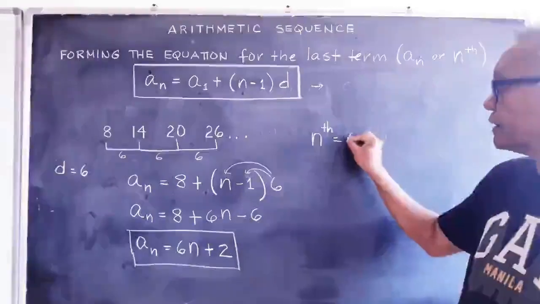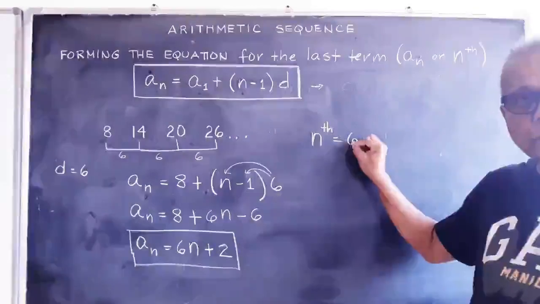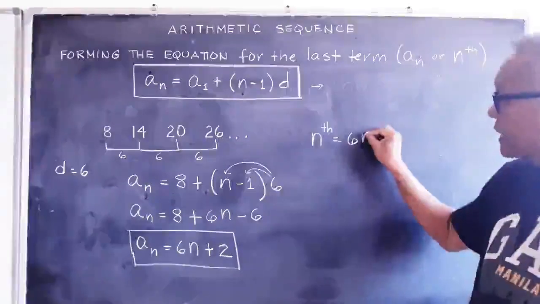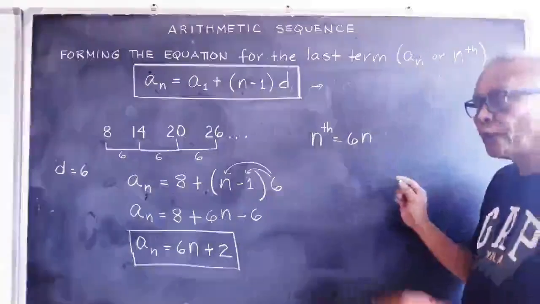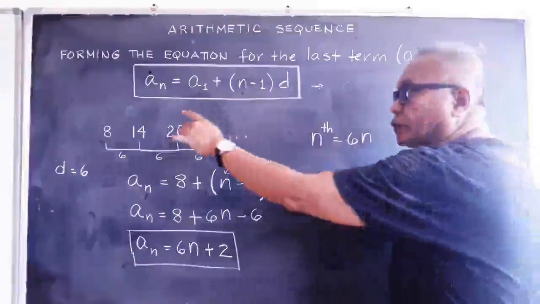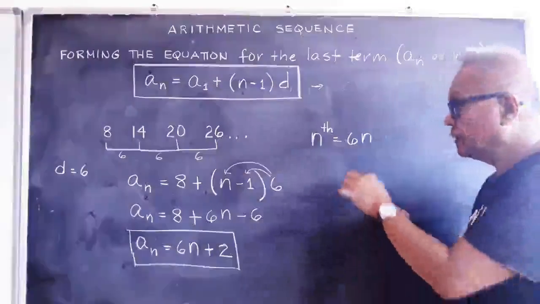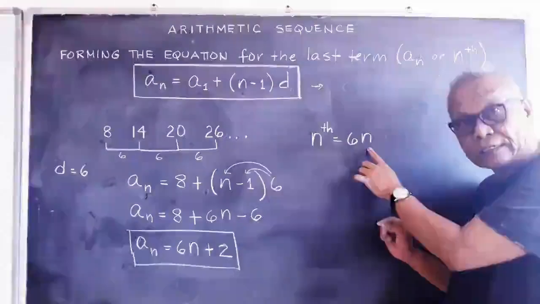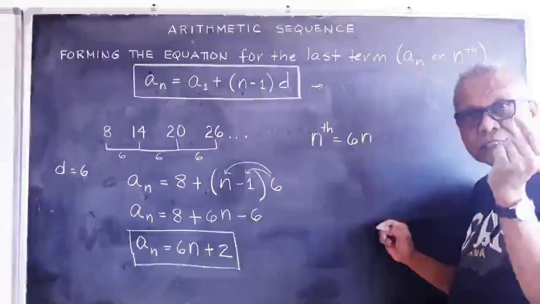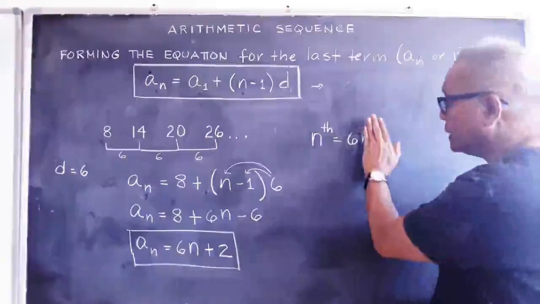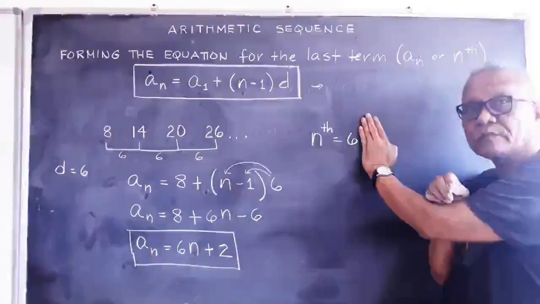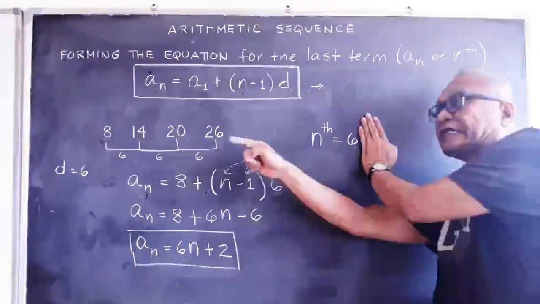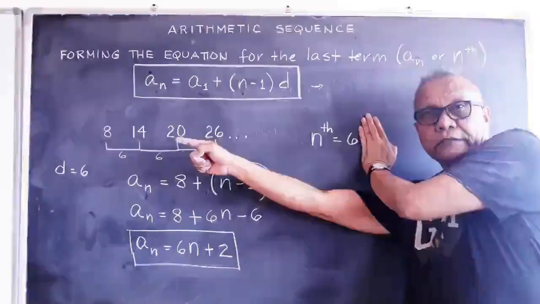So we put the 6 here and then we multiply it by the n. Now, when n is equal to 1, that is 6 times 1, which is 6. So I'm just going to come with the 6n here and I'm going to add or subtract something so that I can get the 8 there.